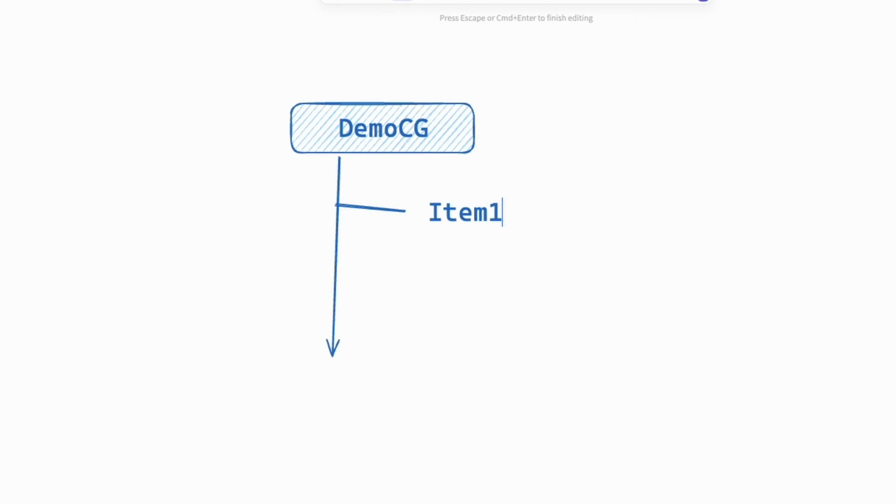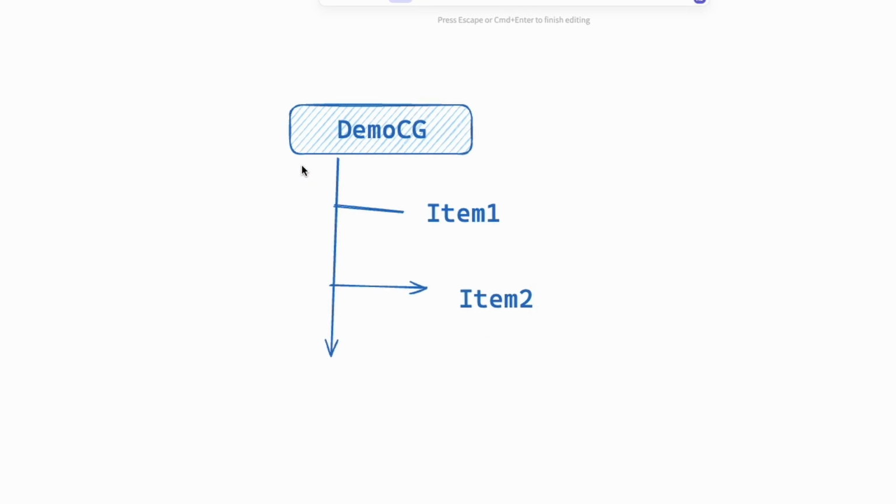So I have created a catalog demo CZ, and I have uploaded a number of items under this. Item 2. These are parts. So we can upload these items using API only. We cannot upload through the UI. We need to use only API. And this demo CZ catalog supports all the languages.